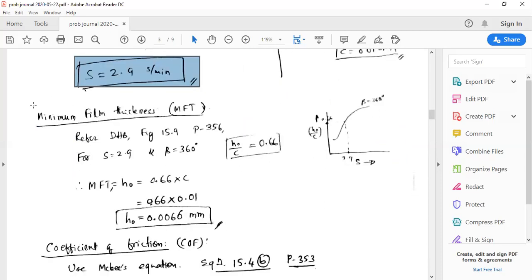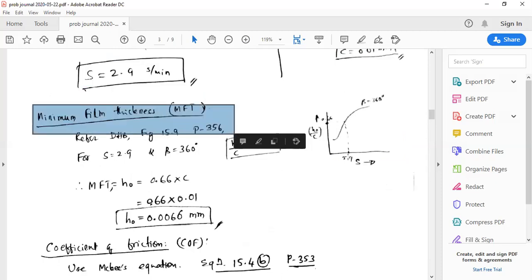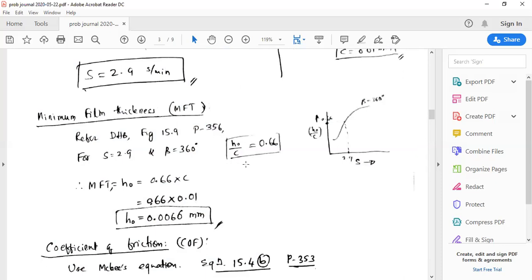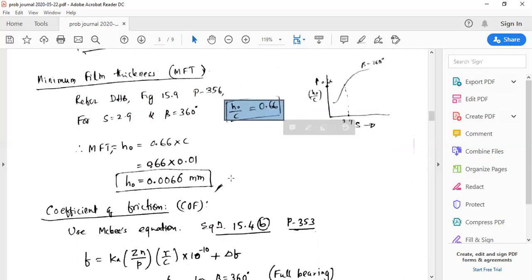Now with respect to minimum film thickness calculation, refer to figure number 15.9, page number 356. As per the value of abscissa, that is 2.9, and beta equal to 360 degrees, the value obtained for H0 by C is 0.66, or 0.65 or 0.64 also.